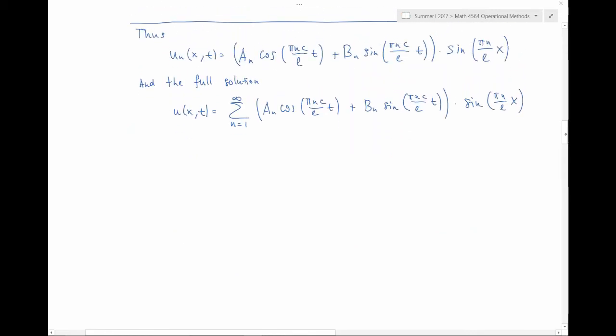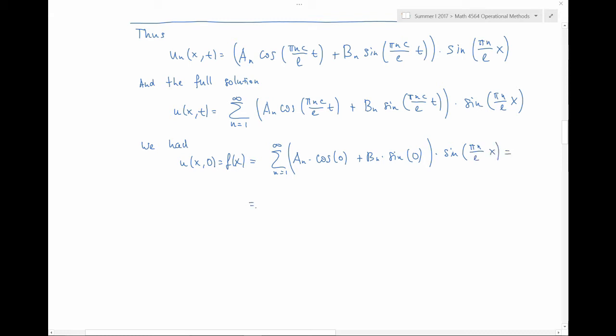So how do we determine coefficients a_n and b_n? Well, remember we had two initial values. So we also knew that u of x, 0 should be equal to f of x. Well, if I plug in time equals 0 into my expression, I'll get a sum as n goes from 1 to infinity of a_n times cosine of 0 plus b_n times sine of 0, times sine of pi n over L x.